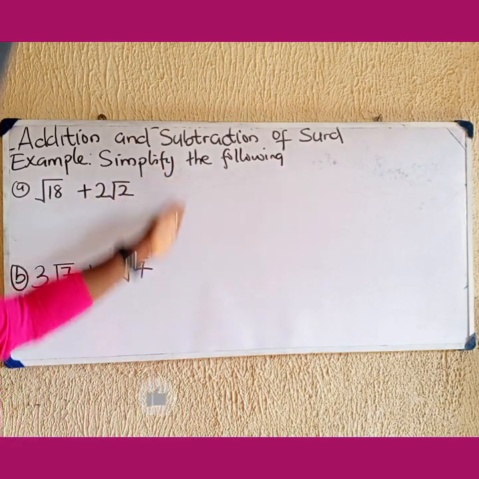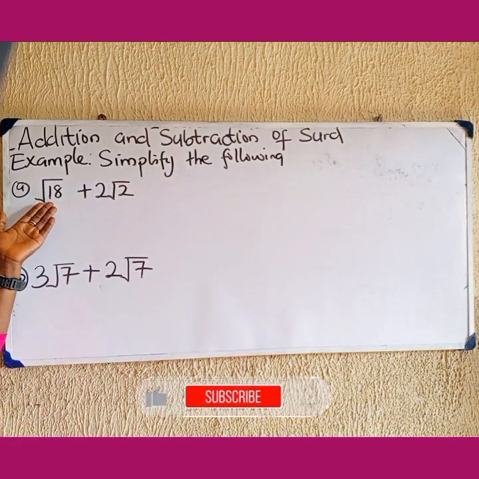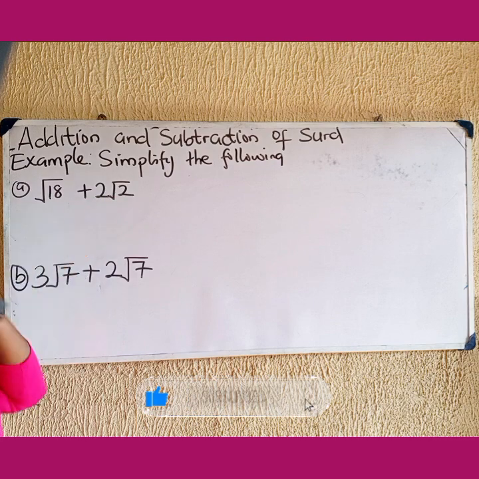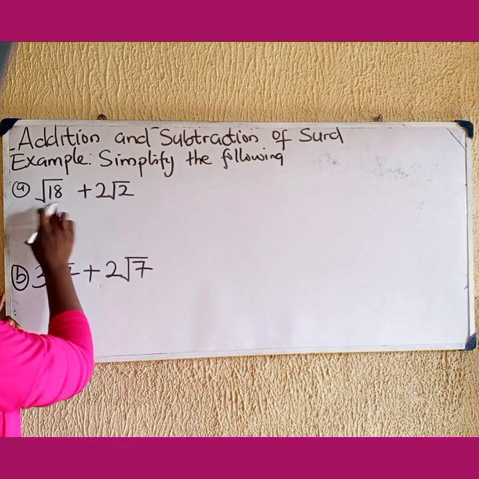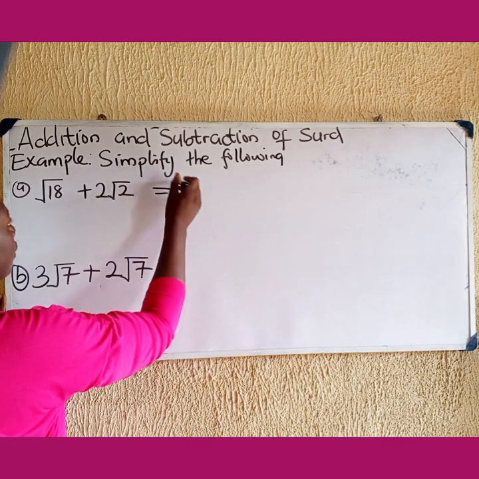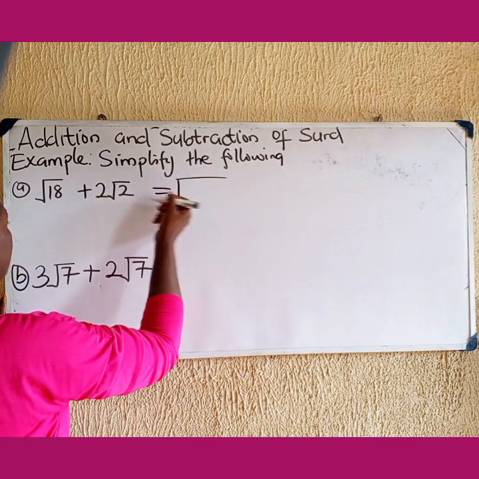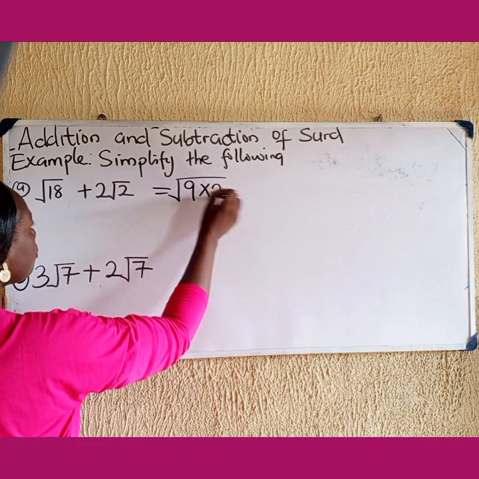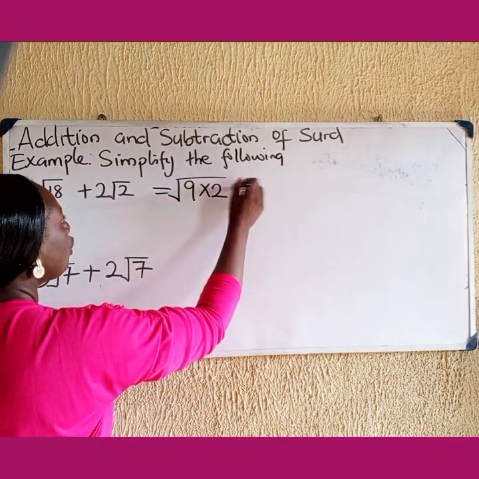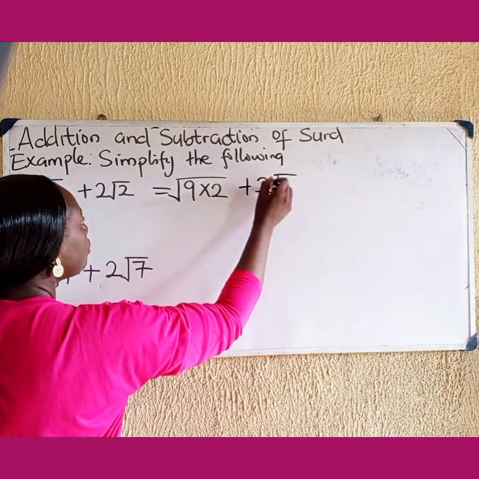We are asked to simplify this. So this is root 18 plus 2 root 2. Now I'm going to simplify this 18, which can be written as 9 times 2, plus 2 root 2.